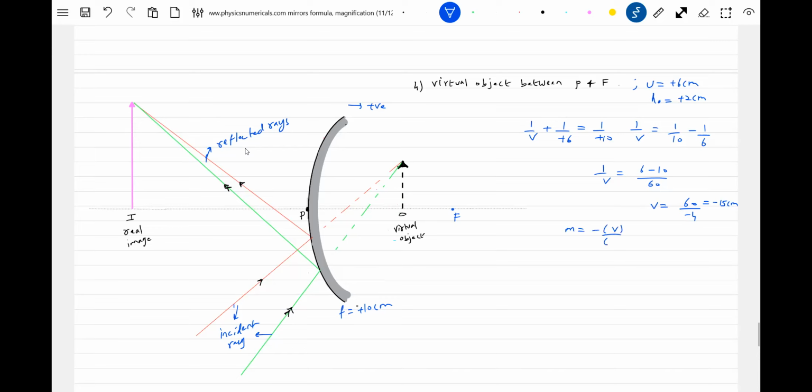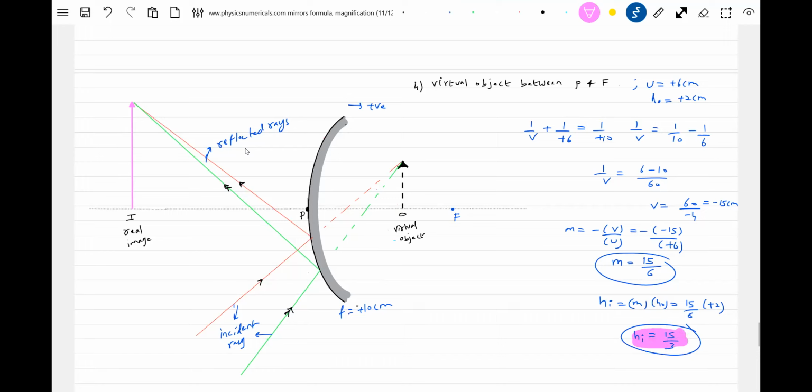Magnification. So this will be the height of the image. Look at this, 15 by 3. Okay, so we'll get 5, no?